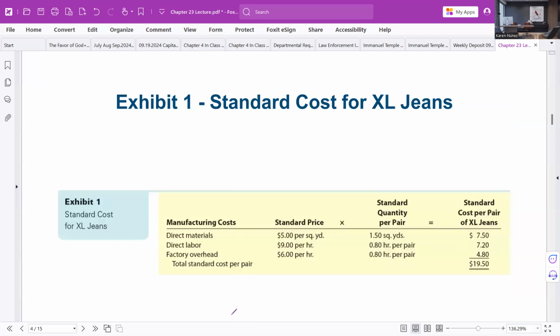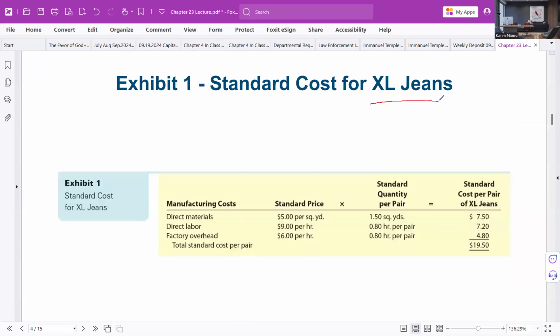And this is an example. So for these jeans, this is their product, the cost object that we're looking at. And if we focus just first on the direct materials, the standard cost for the direct materials is $7.50 per pair of extra large jeans. And it has these two components that I just identified. The standard price of the direct materials is $5 per square yard, and the standard quantity per pair of jeans is 1.5 square yards.